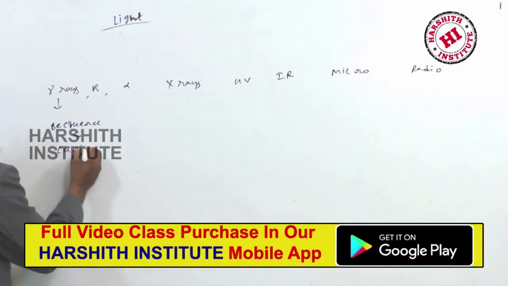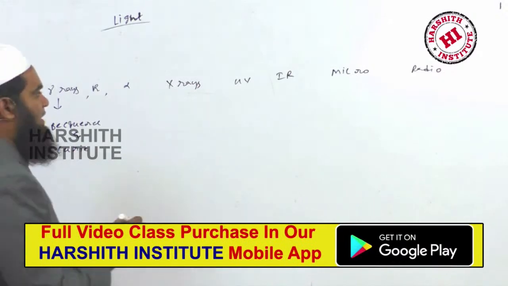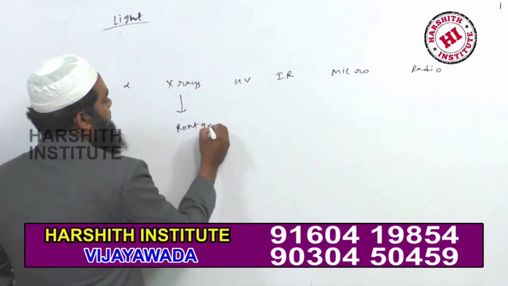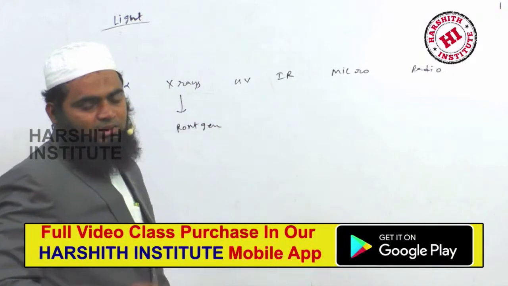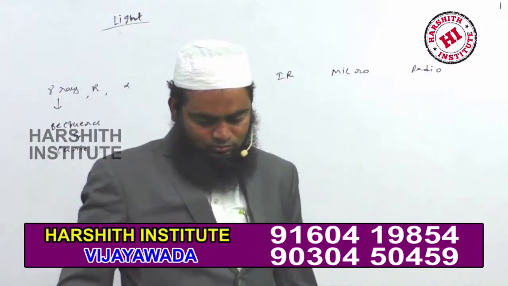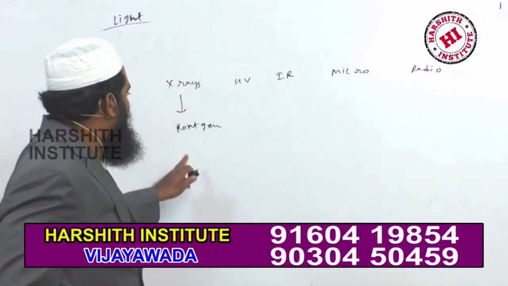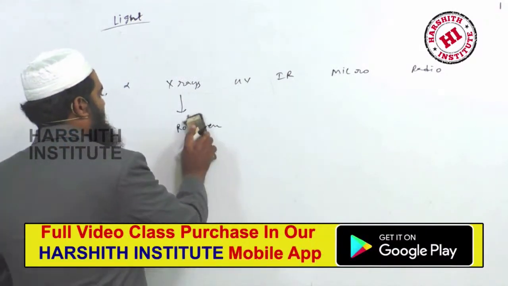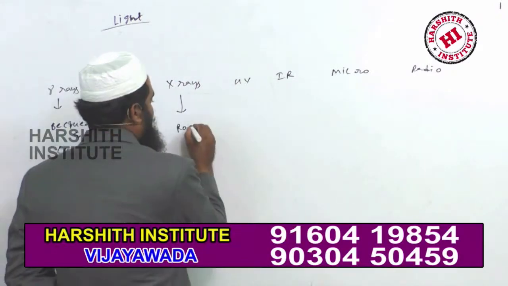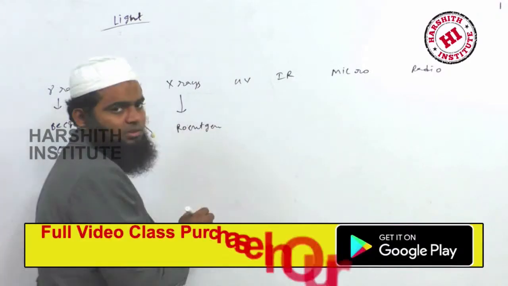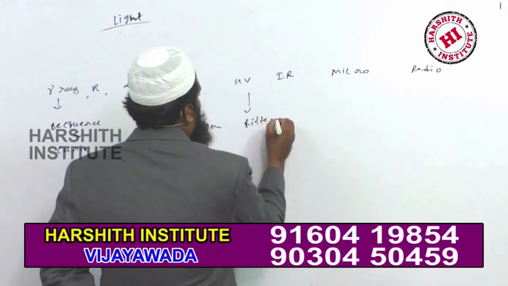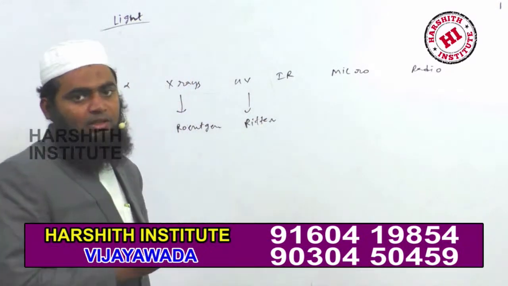Now X-rays were discovered by Roentgen. UV rays were discovered by Ritter.